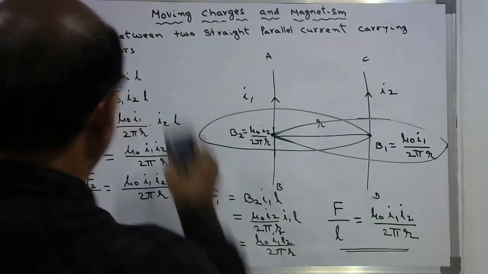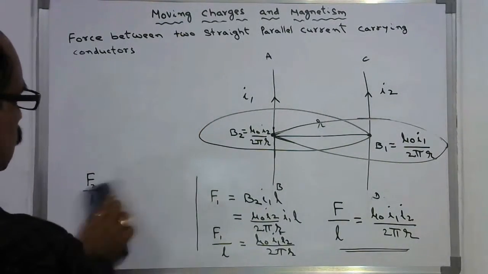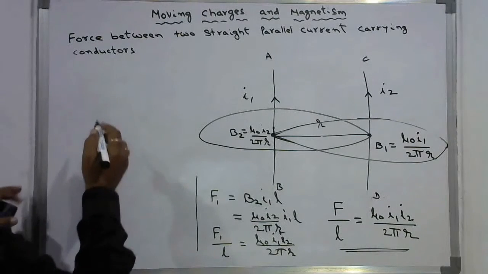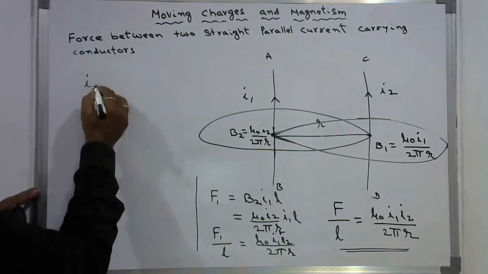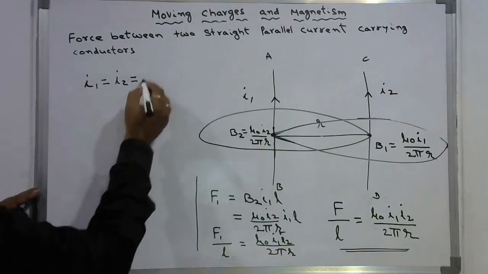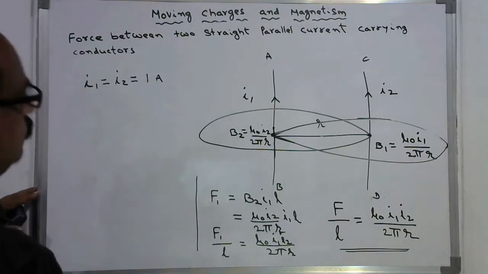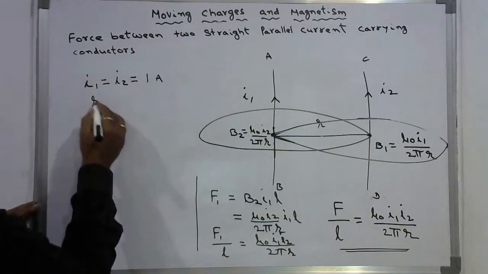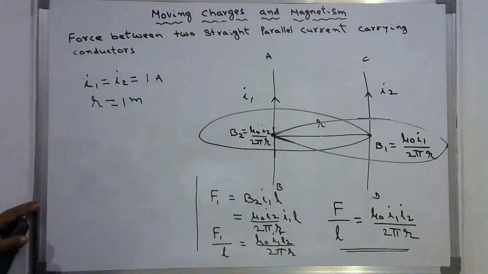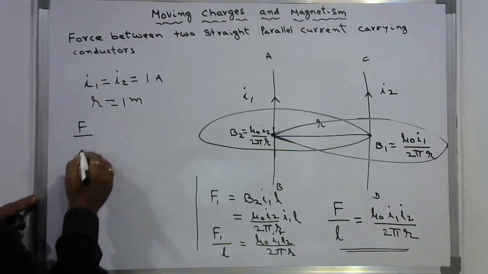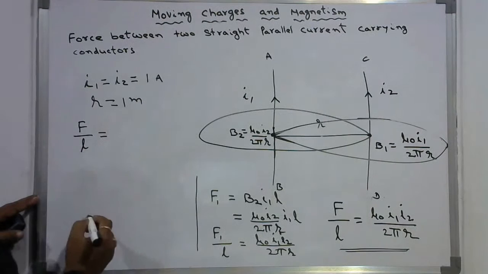See, for example, if you take I1 equal to I2 equal to 1 unit, say 1 ampere, and the distance between the two conductors is 1 meter, what is the force per unit length?